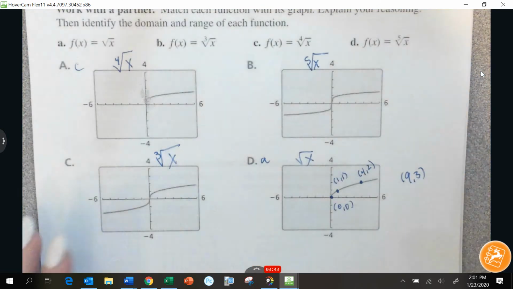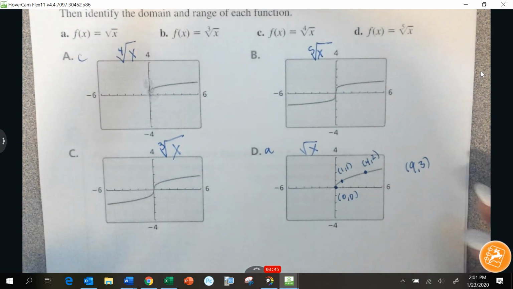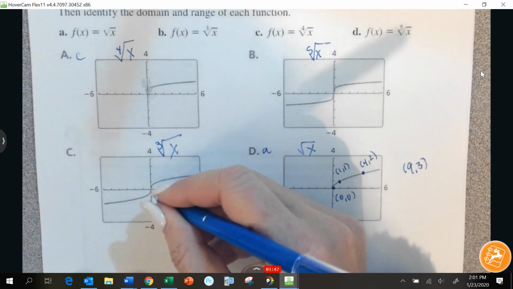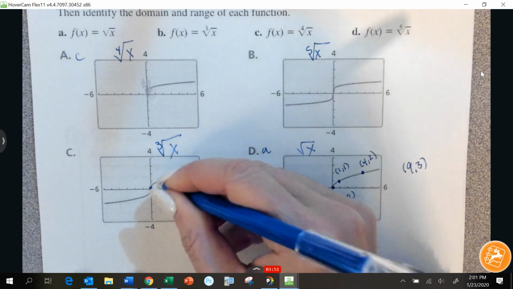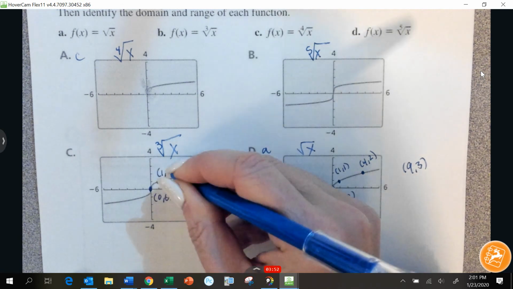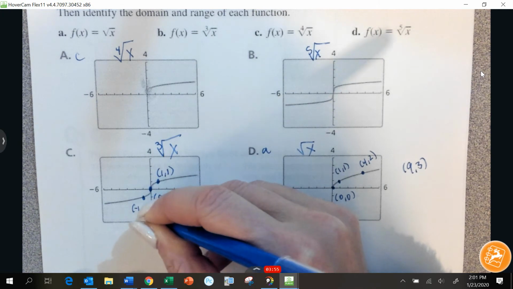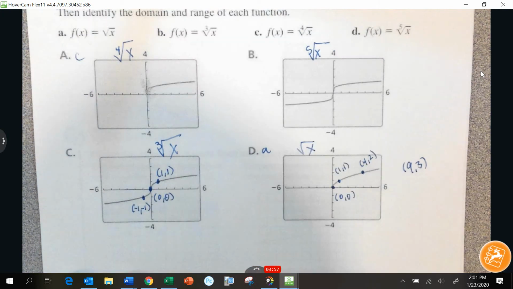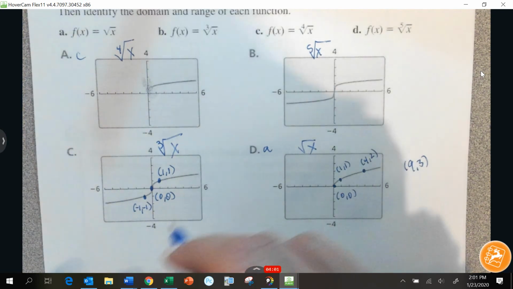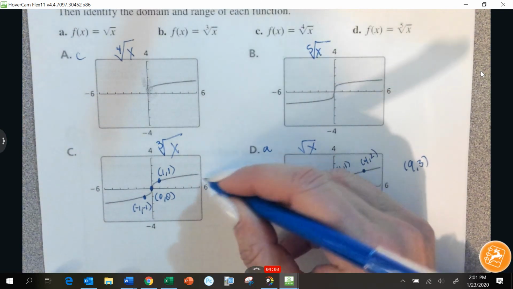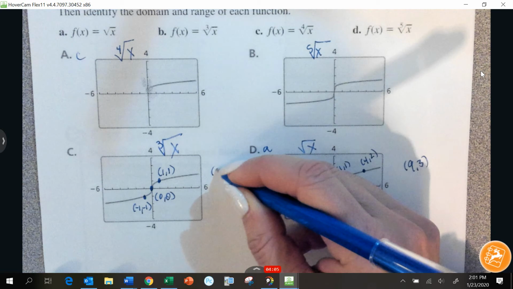Okay. Some points for the picture for C, the cube root of x: 0, 0, 1, 1, negative 1, negative 1. And then there's 2 more points that we would normally use, but they're not on this graph. One over here would be 8, 2.